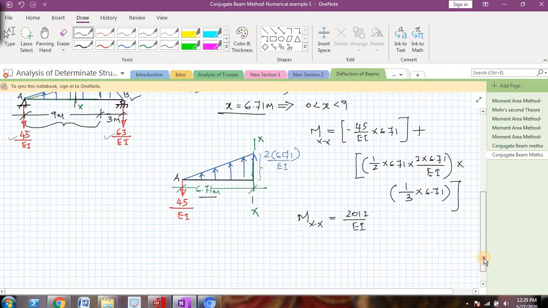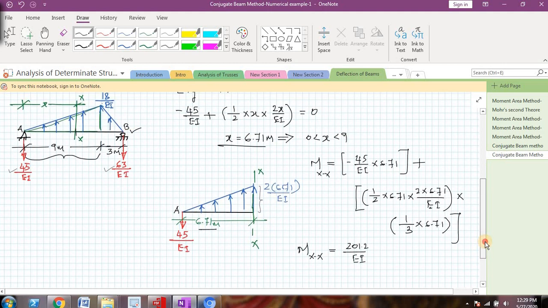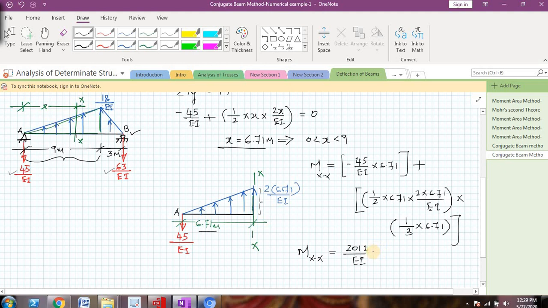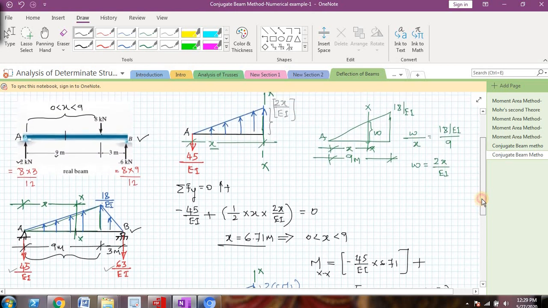So this is the moment at section XX where you get zero shear force, and it means the moment on the conjugate beam gives you the maximum deflection on the real beam.